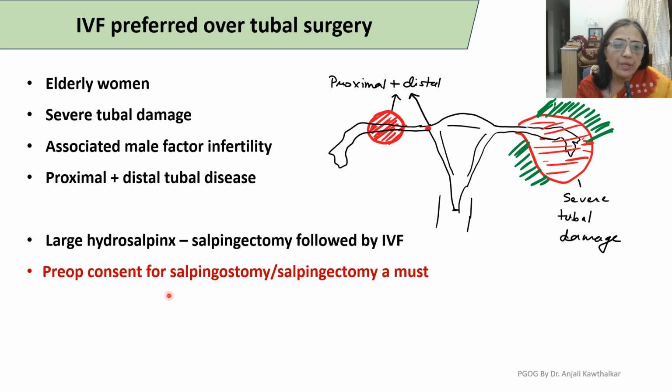And that is why preoperative consent for salpingectomy or salpingostomy needs to be taken after proper counseling of the patient, and that is the most important preoperative preparation for tubal reconstructive surgery for a case of tubal factor infertility.